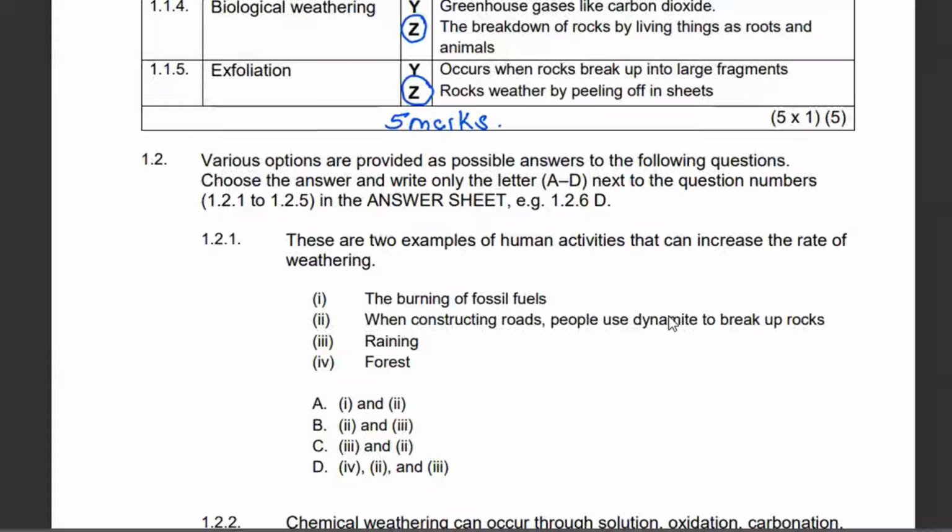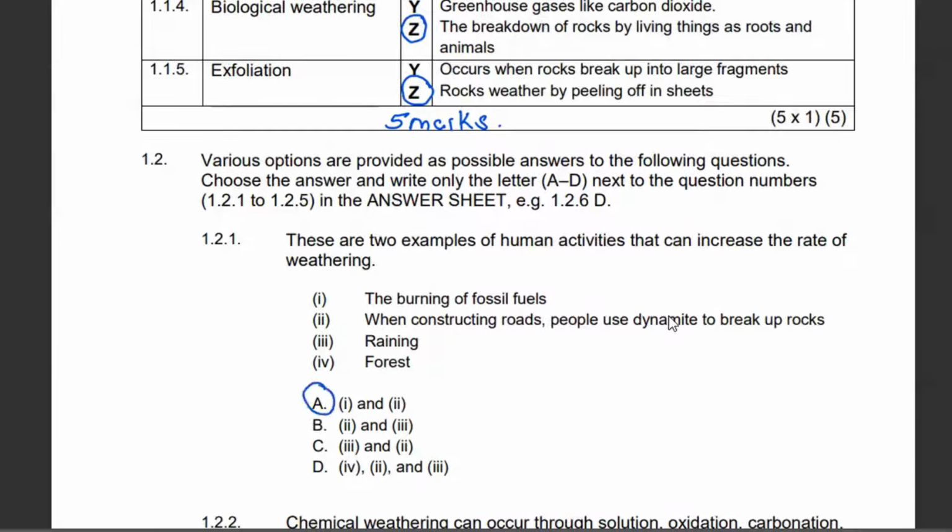Another one is clearing forests. So here we have two options: A, is it Roman numeral 1 or Roman numeral 2? So here our answer is that the two examples of human activities are 1, the burning of fossil fuels, and also when constructing roads, people use dynamite to break up rocks.